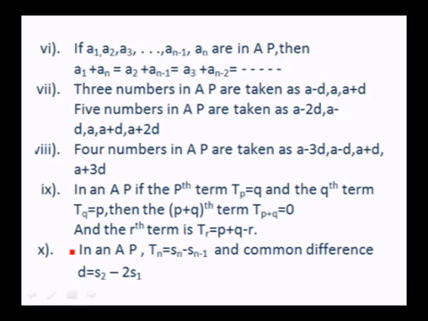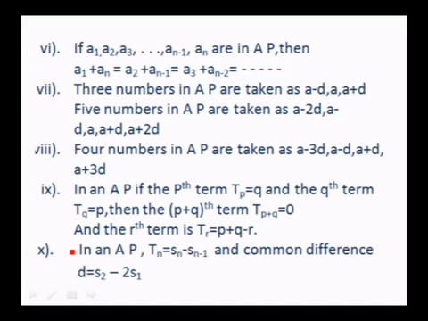Next, if in an AP the pth term Tp is equal to q and the qth term Tq is equal to p, then the p plus q term Tp plus q is equal to 0. This will be helpful in solving certain problems when you find those problems in CET, and the rth term Tr is equal to p plus q minus r.